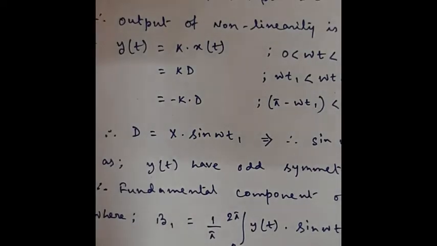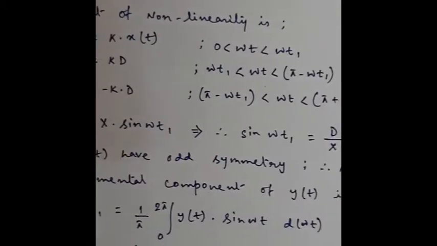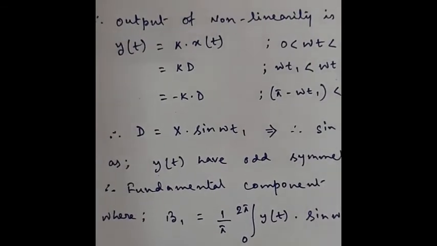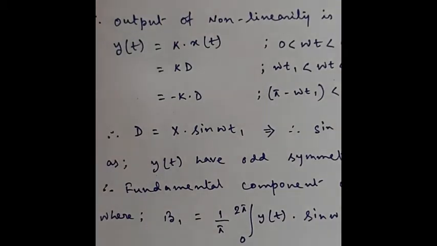As we know that at time t1 the input is d, we can write d equal to X sin omega t1, and from that we can derive sin omega t1 equal to d by X. As y(t) has odd symmetry, y(t) is an odd symmetrical function, so according to the Fourier expansion, the DC component a0 is equal to 0 and the component an is also 0.